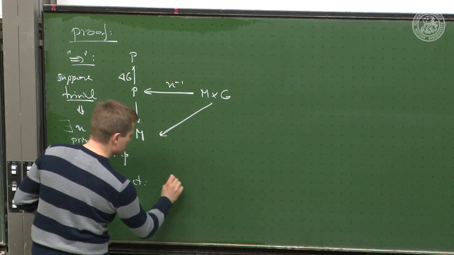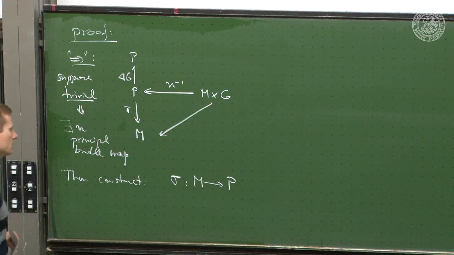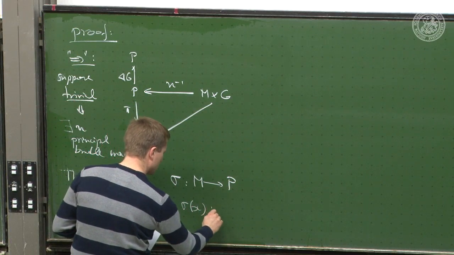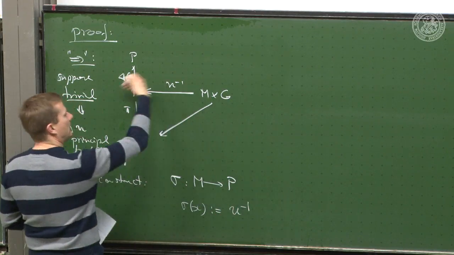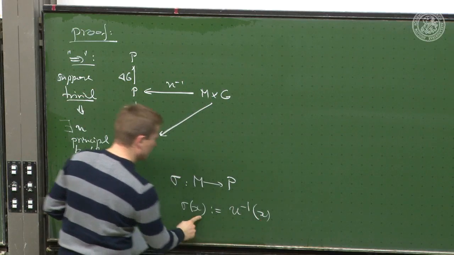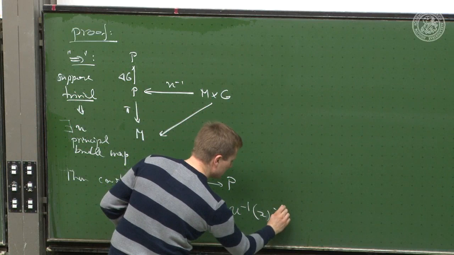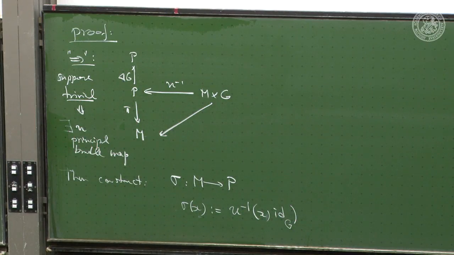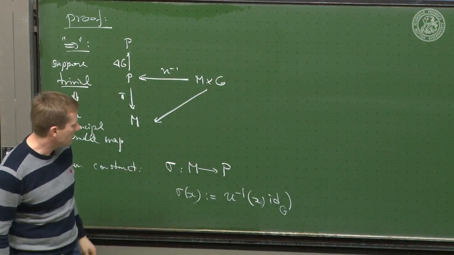But then we can construct a section sigma from M to P by letting sigma of x be defined as follows: I go back here and take the point x, and I simply substitute the identity of the group G over there. If I have such a map, I can always take the identity and push it here.